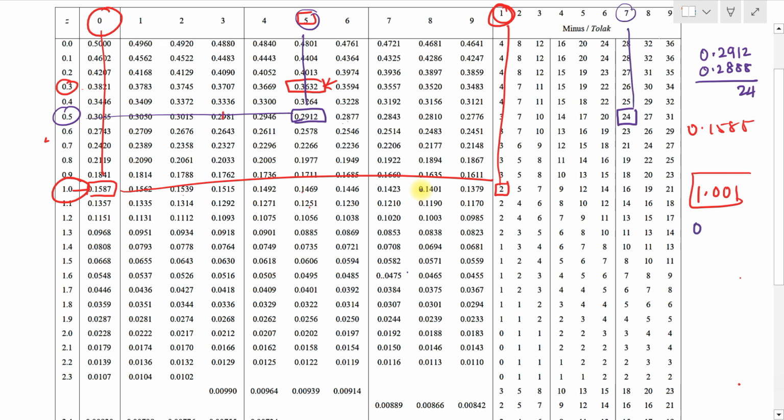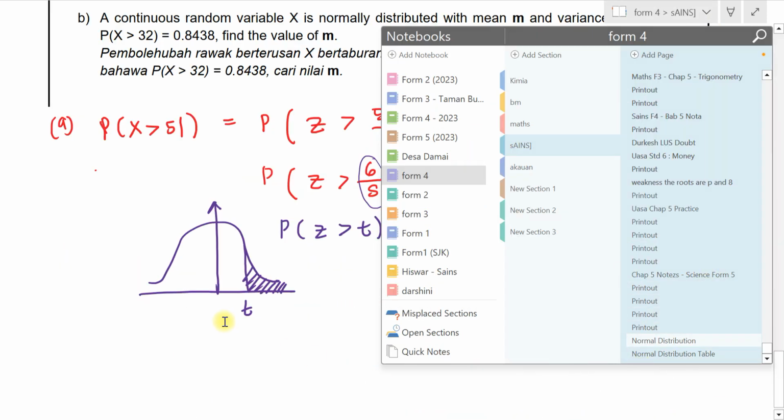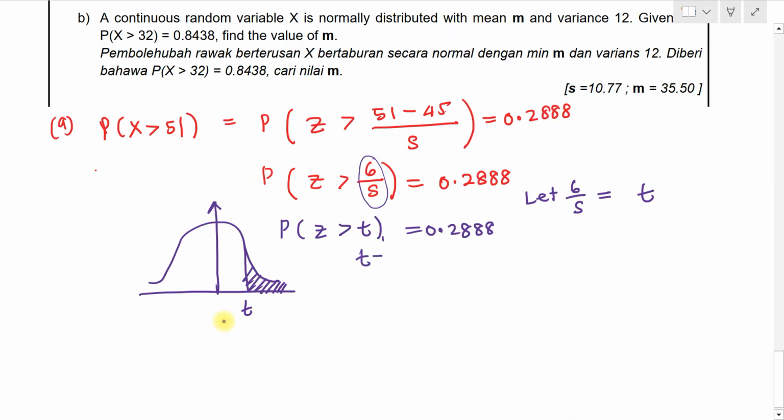So 0.557. So T is 0.557, and this T is indeed positive. So what is T? T is actually 6 over S equal to T. We already know that T is 0.557.